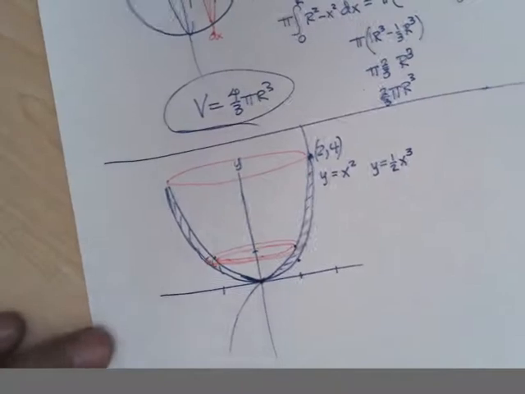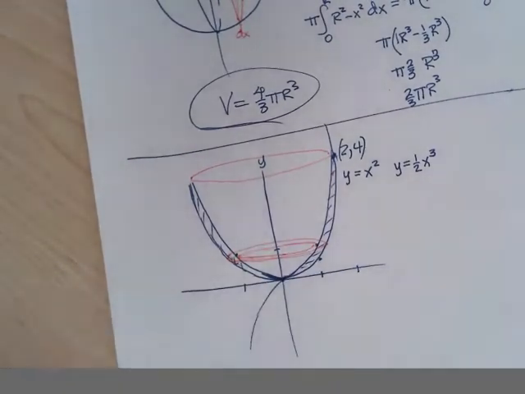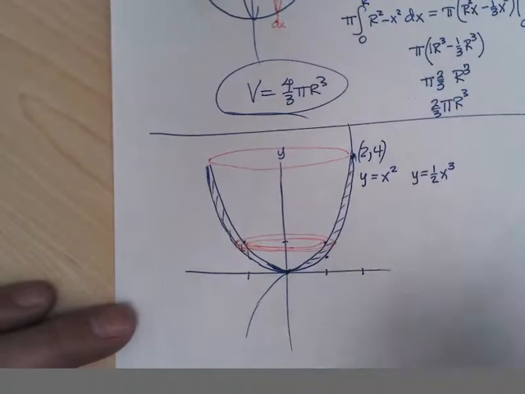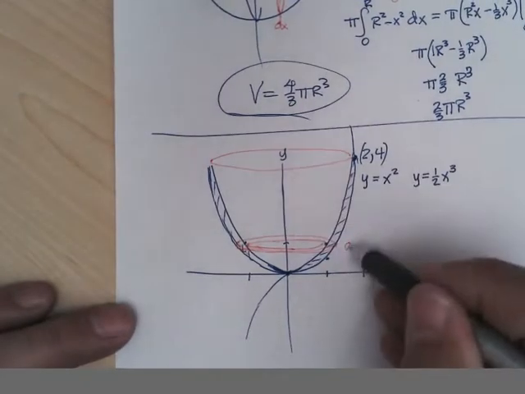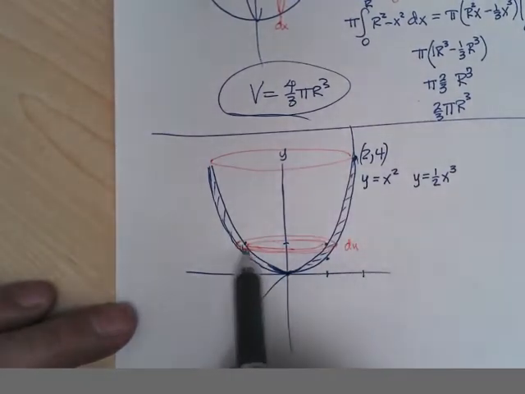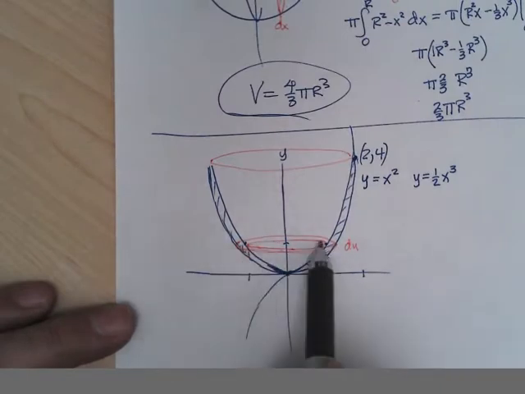But it makes a disc with a hole in it. Well, a disc is going to have a thickness, in the y direction, of dy, and it's going to be a cylinder minus the inside cylinder.